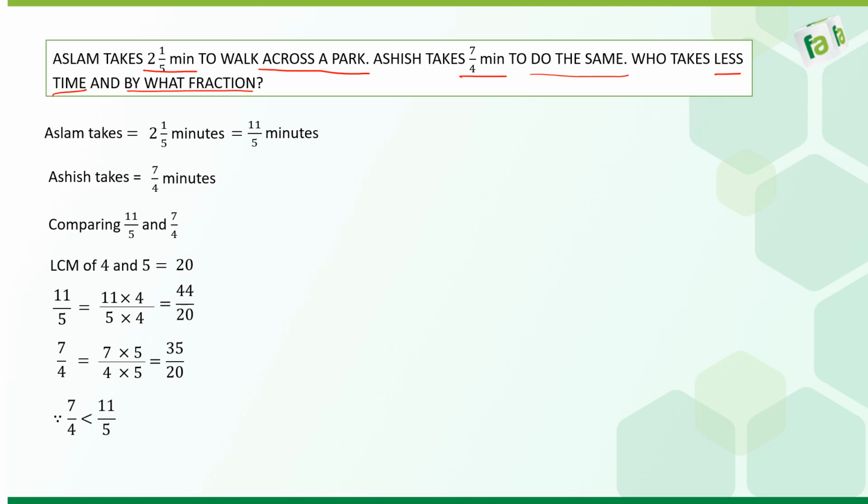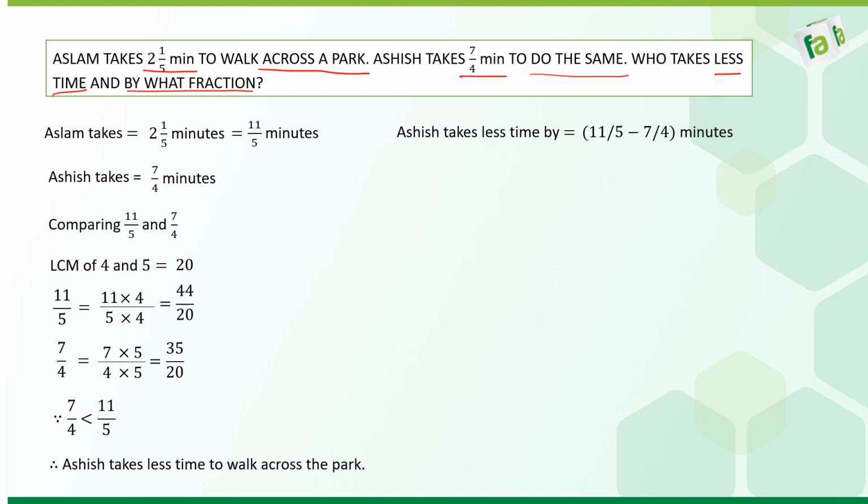Since 7 by 4 is less than 11 by 5, therefore, Ashish takes less time to walk across the park. To know by what fraction Ashish takes less time, let's subtract 7 by 4 from 11 by 5.